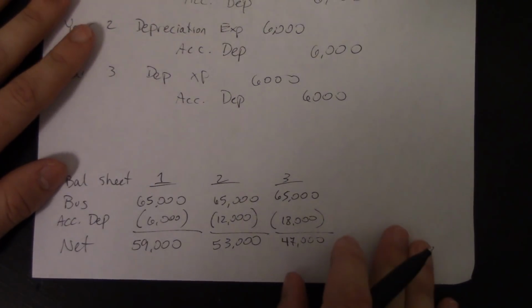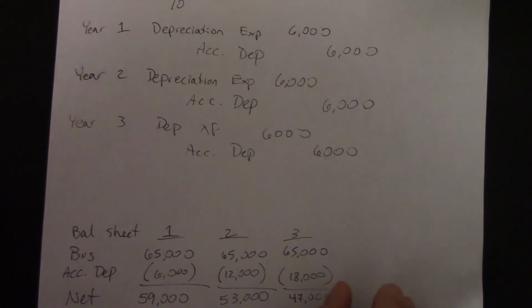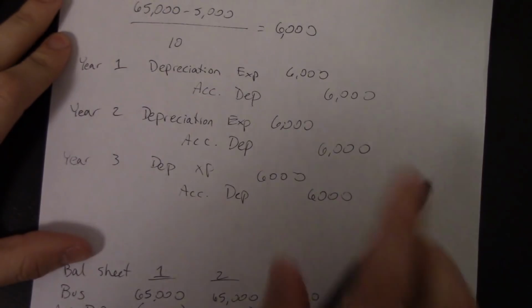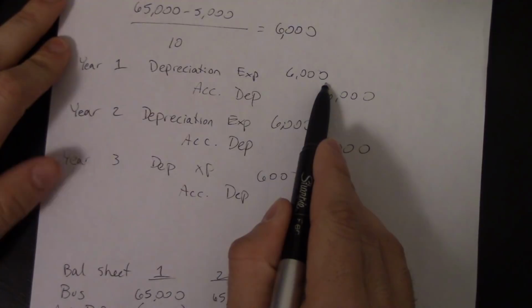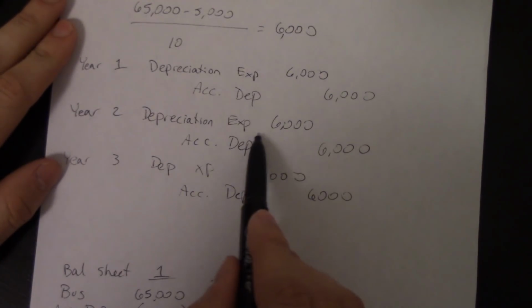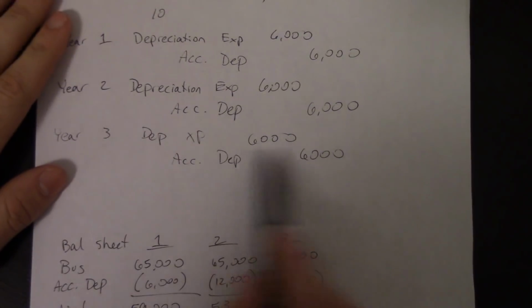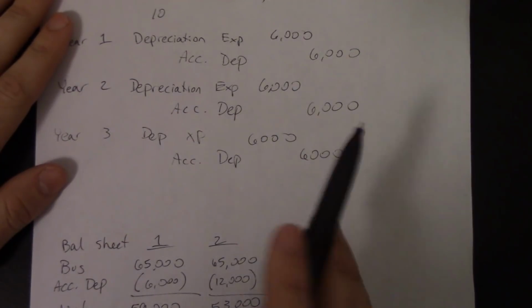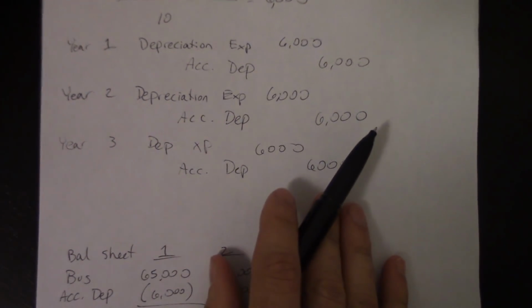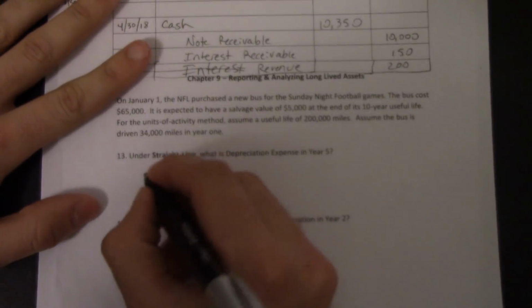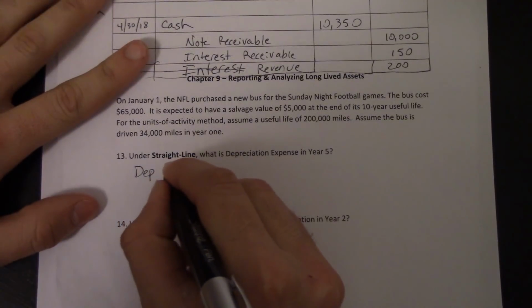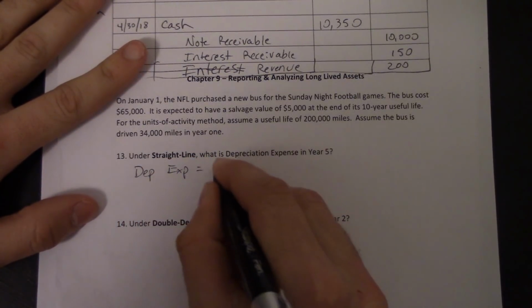And the process continues. Now, the question is asking, though, what's the depreciation expense in year 5? In year 1, the depreciation expense was $6,000. In year 2, the depreciation was $6,000. Year 3, $6,000. 4 and 5 are both 6,000. So the answer to question 13, depreciation expense equals 6,000.